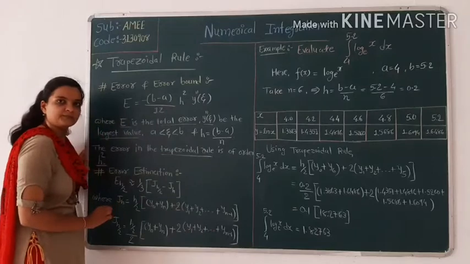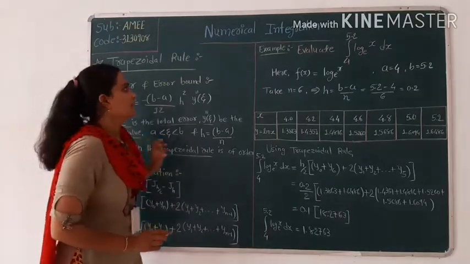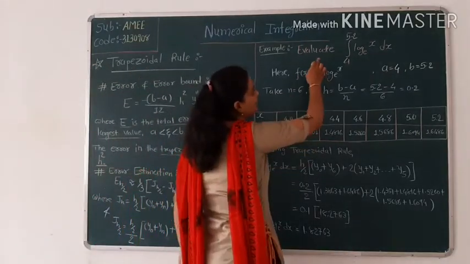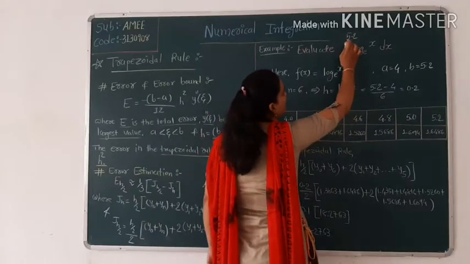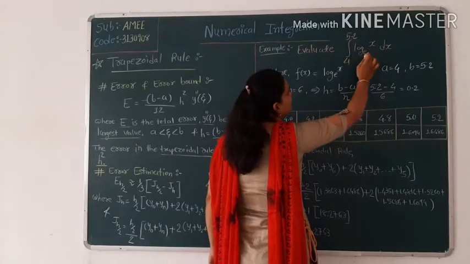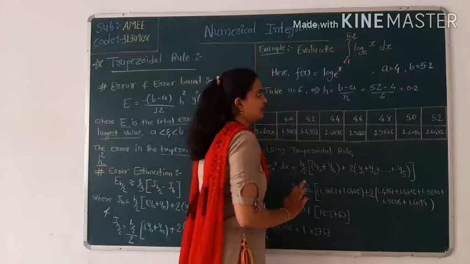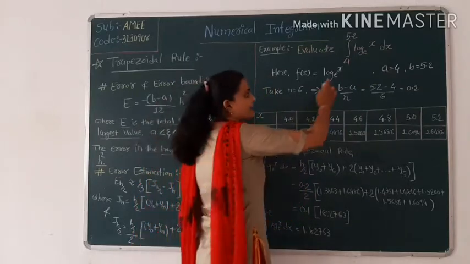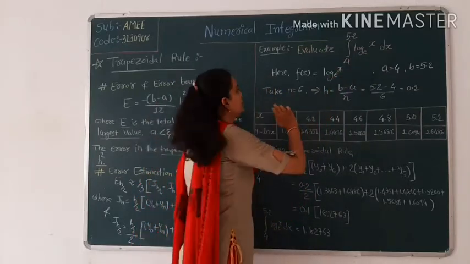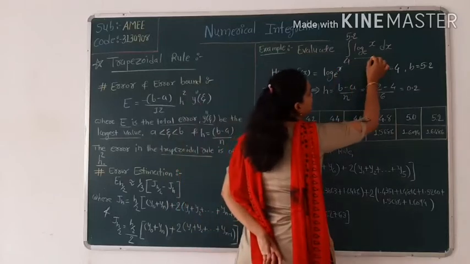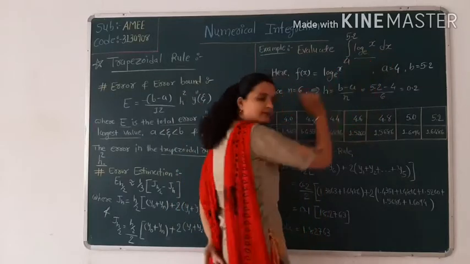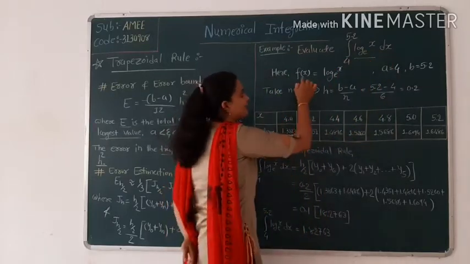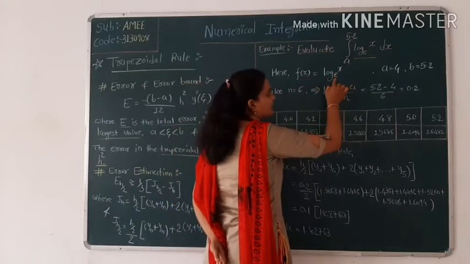Now one example: evaluate the integral from 4 to 5.2 of log x to the base e dx by the trapezoidal rule. First, our function is log x to the base e, so f of x equals log x to the base e.